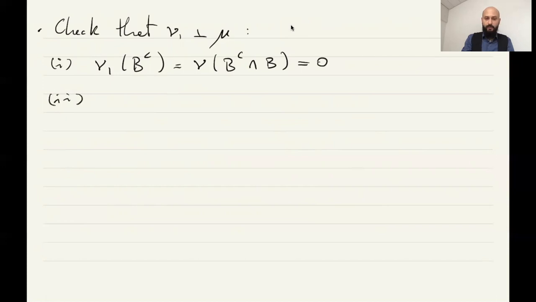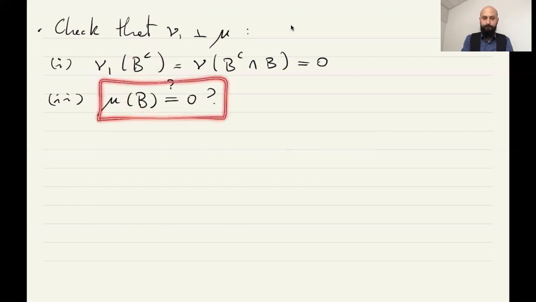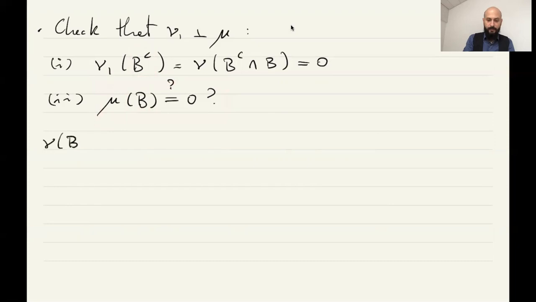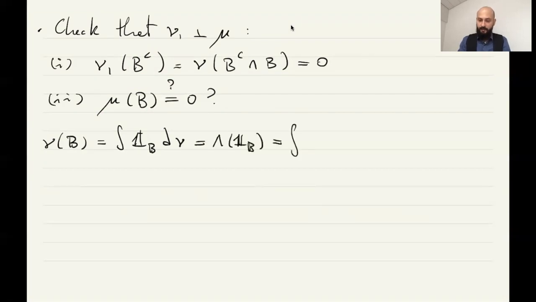On the other hand, we are going to wonder if mu of B is equal to 0. If I prove this, then nu 1 is concentrated inside B, and mu is concentrated outside B. So they're singular. Okay, so why is this true? Let's do this calculation the following way. Mu of B can be written as the integral of the characteristic of B in d mu. Now I see this as the lambda of the characteristic of B, which we can represent as the scalar product with g in d mu plus nu.